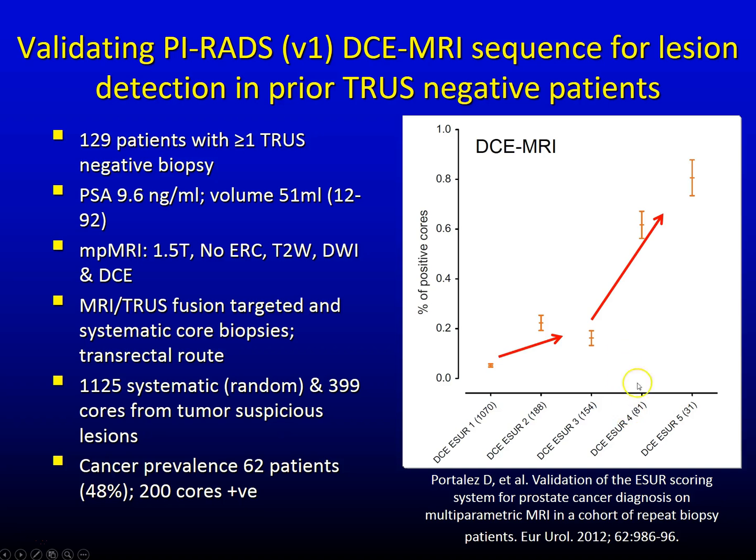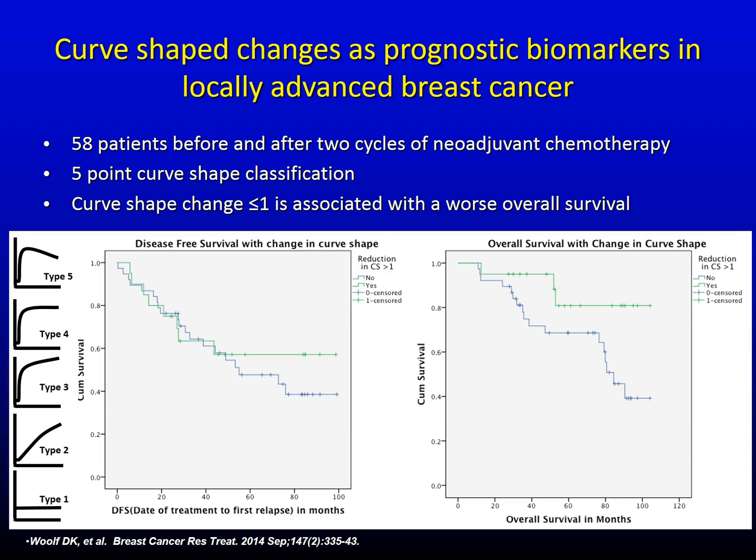However, if you had a score of 4 or a score of 5, you can see that the probability of having a positive core from those areas was increased. So in other words, the combination in the prostate gland of a morphological assessment with a curve shape was able to predict the percentage positivity of cores from a particular area or lesion.